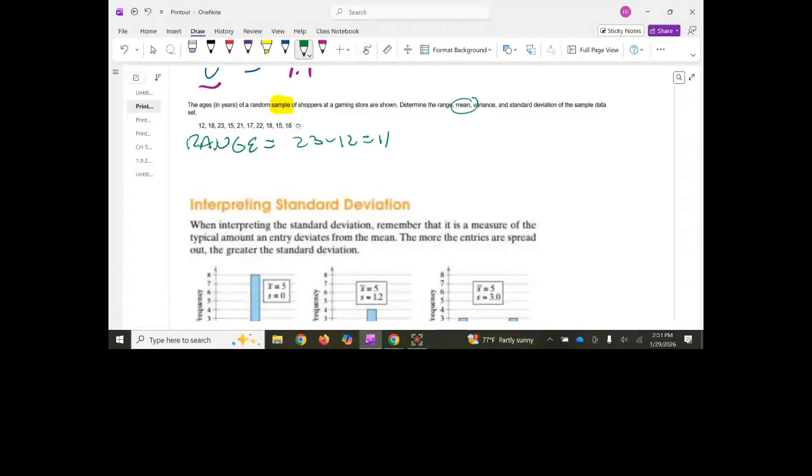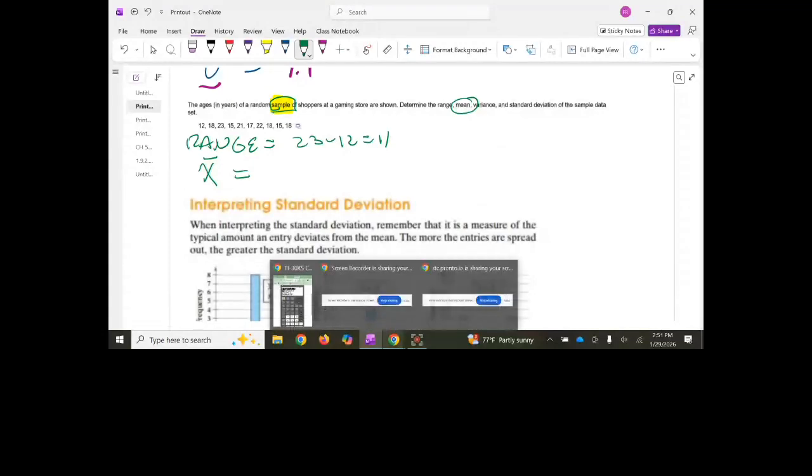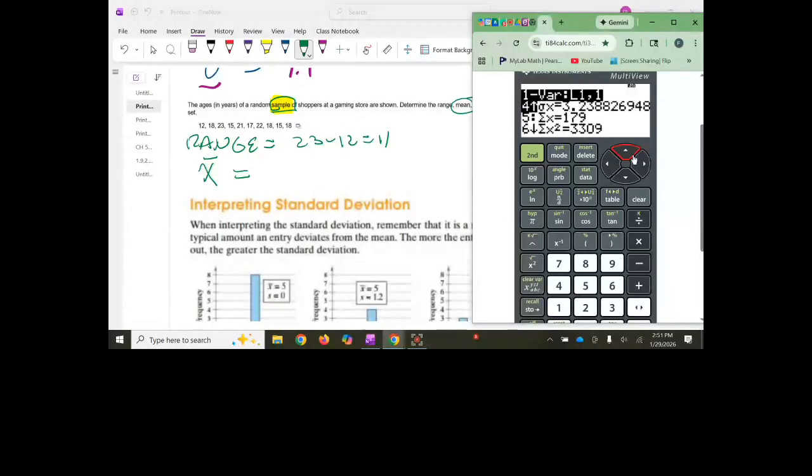Second thing it's going to ask me for is the mean. Since they're using the word sample, when you get to MyLab, that's the little symbol you're going to see. It's going to be a little x bar. The x bar here should have been 17.9.